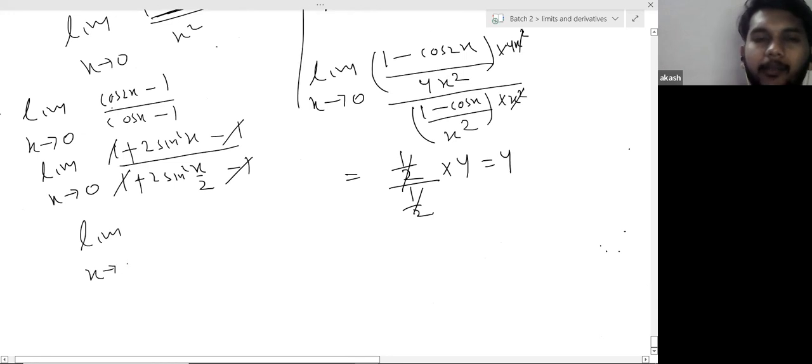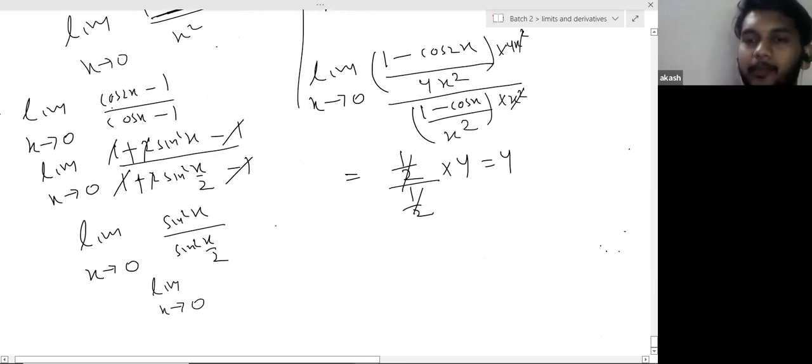limit x tending to 0. This 2 and 2 is also cancelled. So sine square x upon sine square x by 2. Again, same thing. To use that formula, to get sine x upon x, I have to divide by x. But here we have sine square x. So I need to divide by x square.